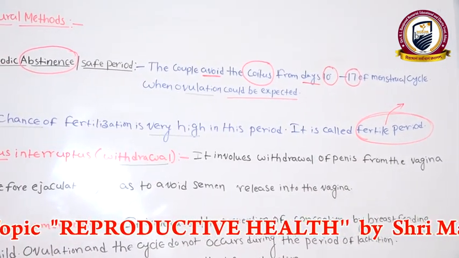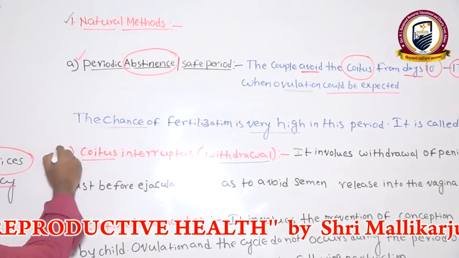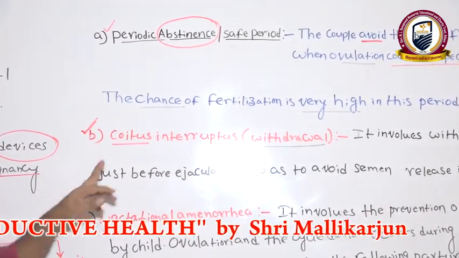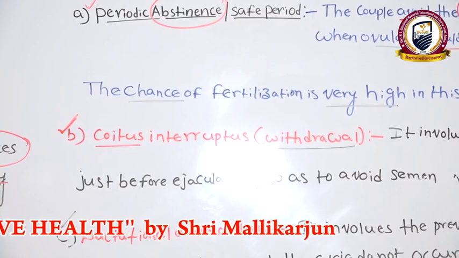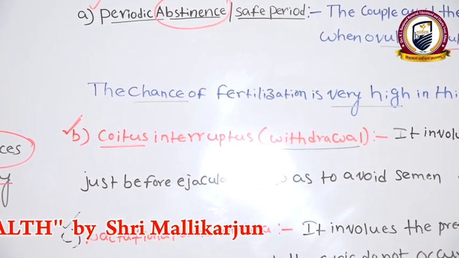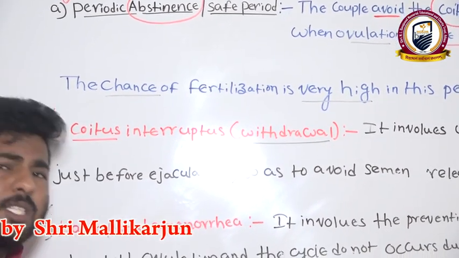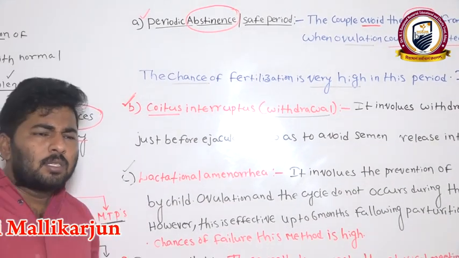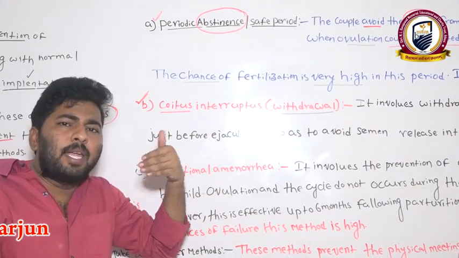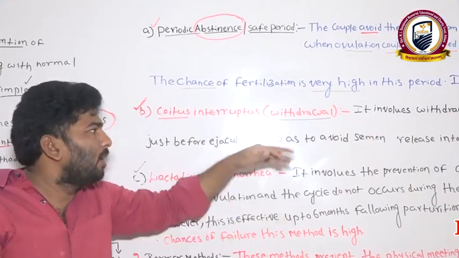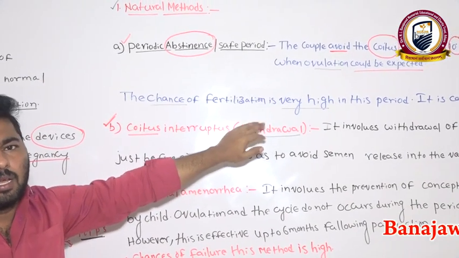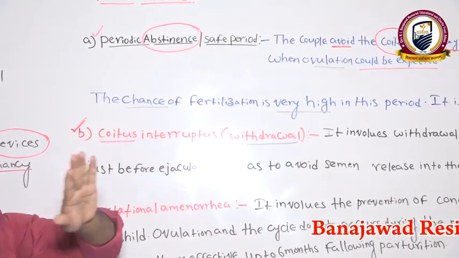Clear? Now we can see the second method, coitus interruptus. Coitus interruptus means that while participating in sexual contact, the male removes the penis from the vagina of the female.